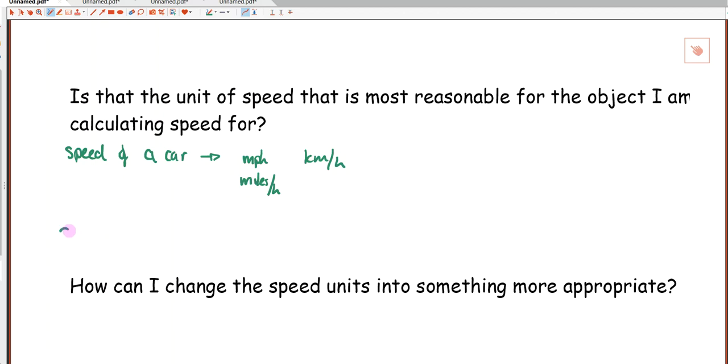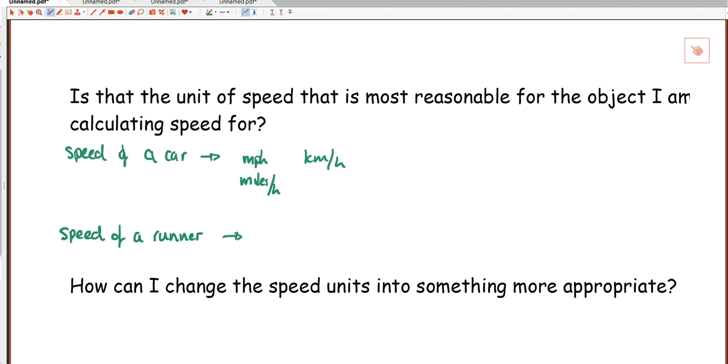What about the speed of our runner then? What units would be most appropriate? Again, that's not a speed, is it? Remember, a speed is a rate.